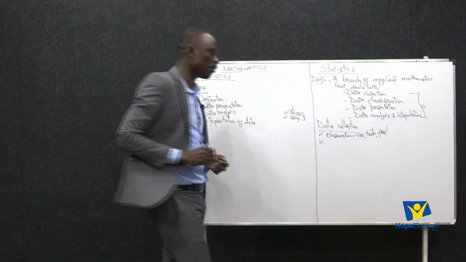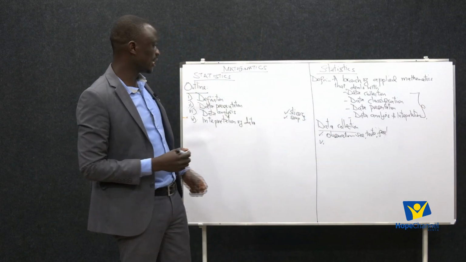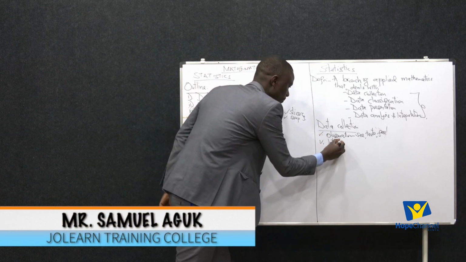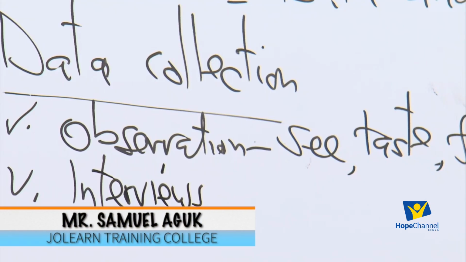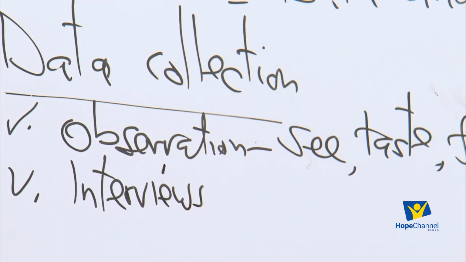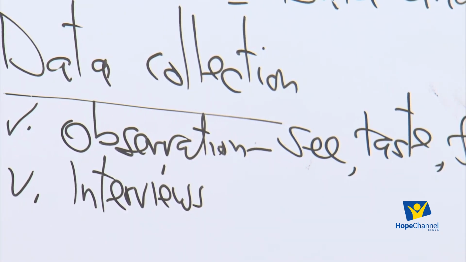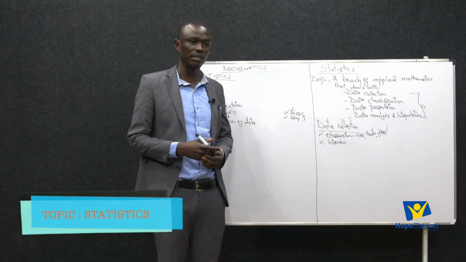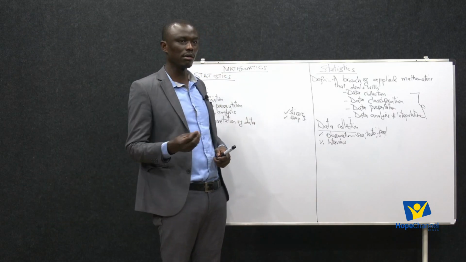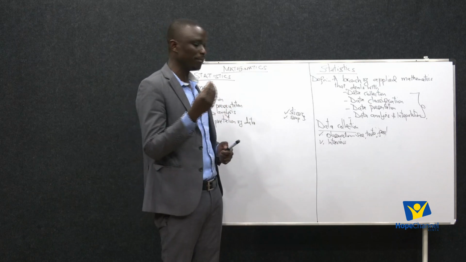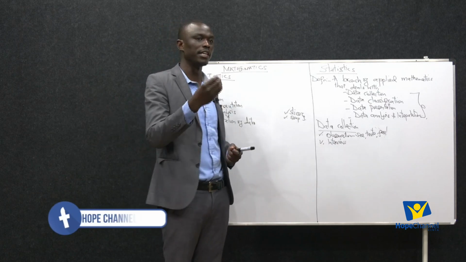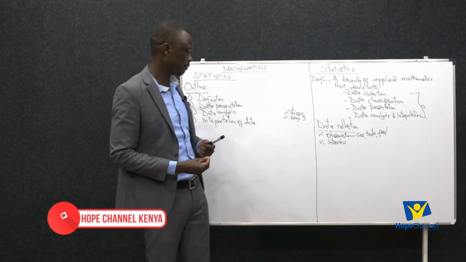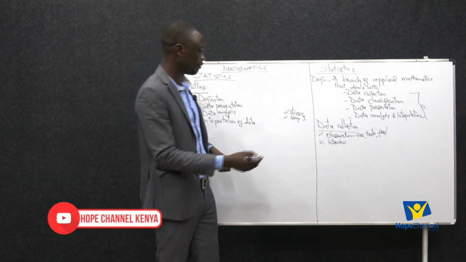Another method of collecting data is interviews. An interview involves oral questioning. Maybe you have a group or an individual, and you are seeking information from them. That is an interview.